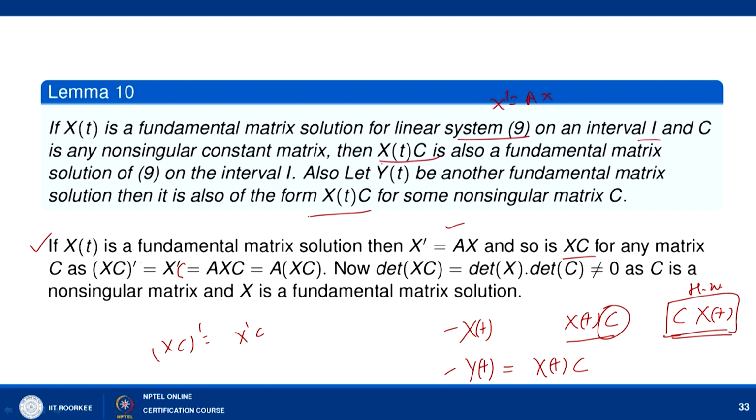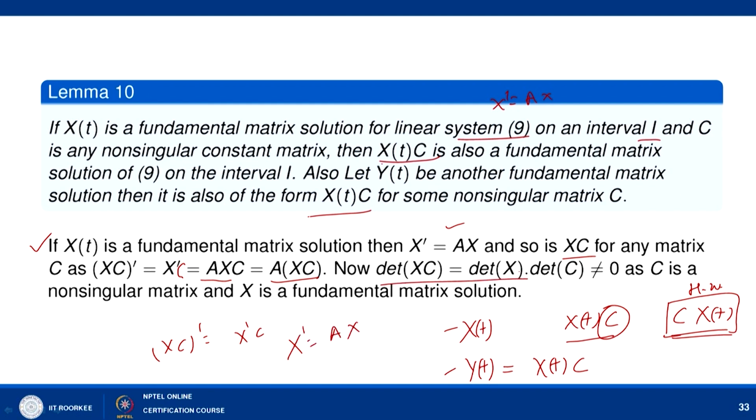So, we can write (XC)' = X'C, and X' we already know is AX. So, we can write AXC, and this is nothing but A times XC. So, it means that XC will also satisfy the system X' = AX.